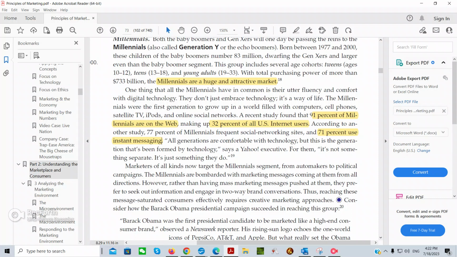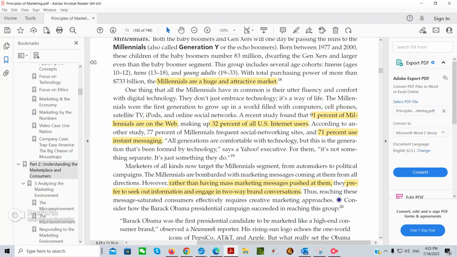Here's the key thing: rather than having mass marketing messages pushed at them, what do they prefer? They prefer to seek out information and engage in two-way brand conversations. As in, this person thinks so, the person I talk to thinks or doesn't think so.